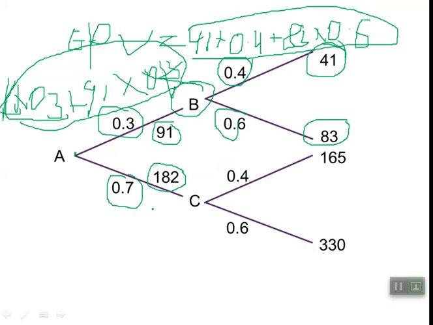Now we look at the situation where the probability is 0.7. Still we are moving from right to left.